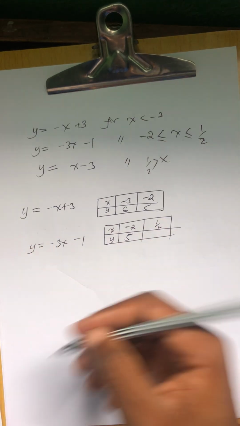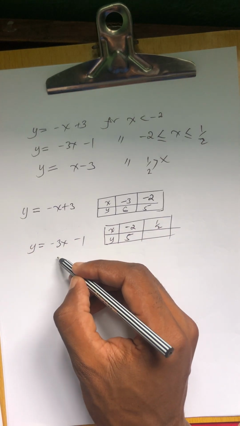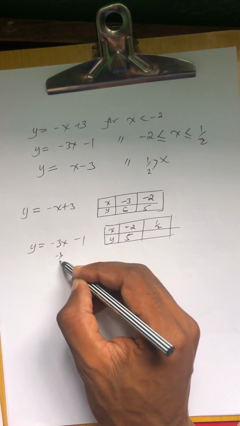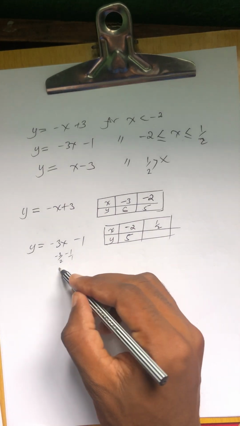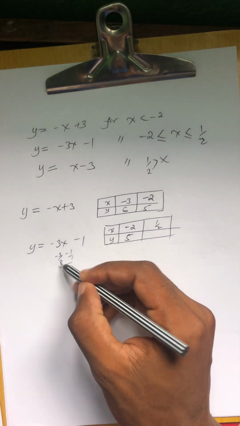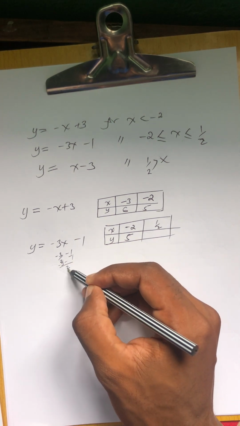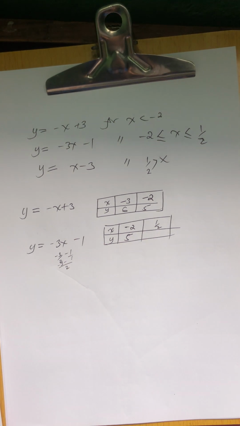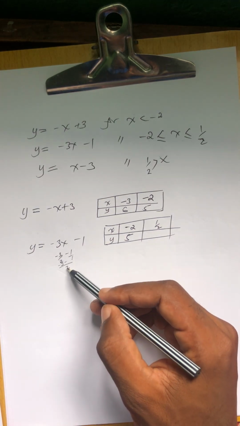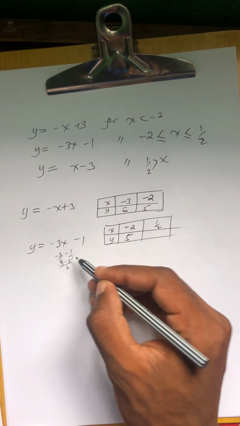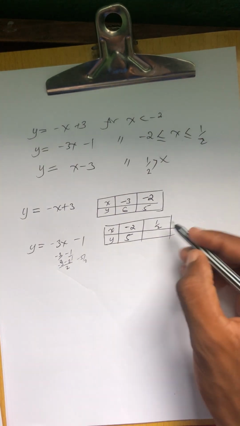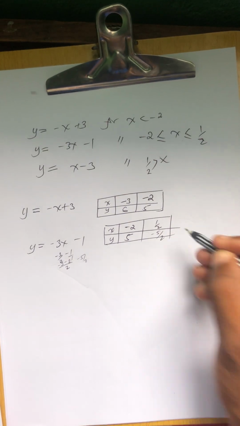Then if you put half there, it will be minus 3 over 2, then minus 1, like that. Then you balance it: 2 there, minus 3, minus 2, it's minus 5 over 2, like that.